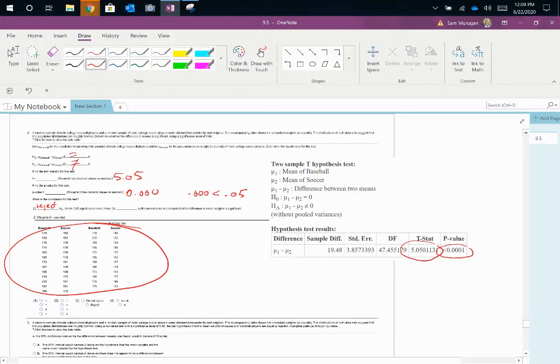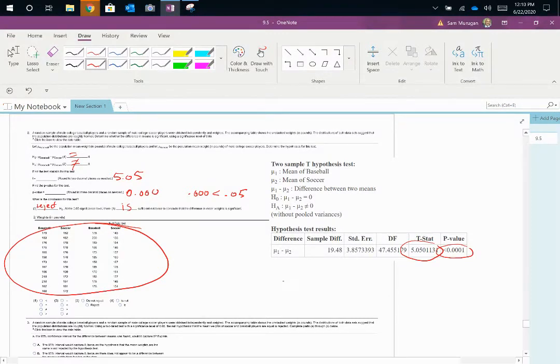At the 0.05 significance level, there is sufficient evidence to conclude that the difference in mean weight is significant. In other words, we are going to reject the null hypothesis and go with the alternative hypothesis, that there is sufficient evidence to conclude that the difference between the mean weights is significant. Okay?